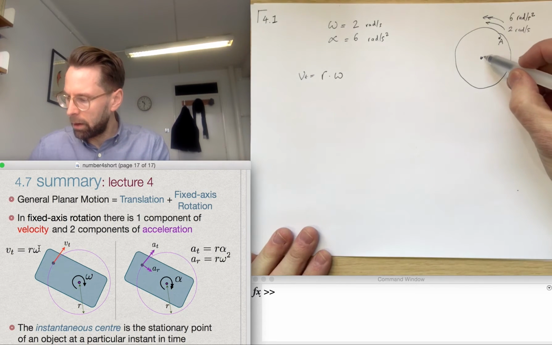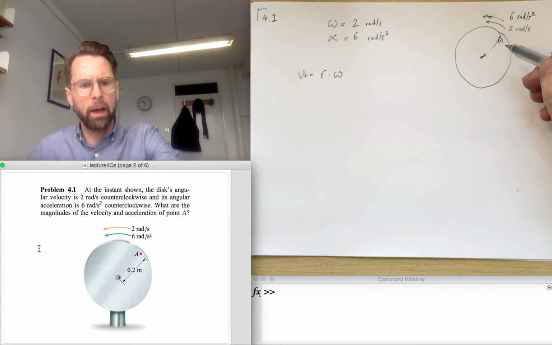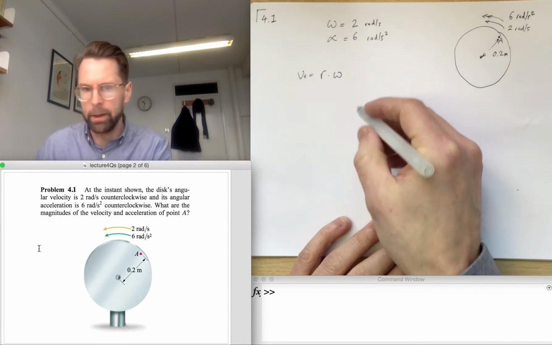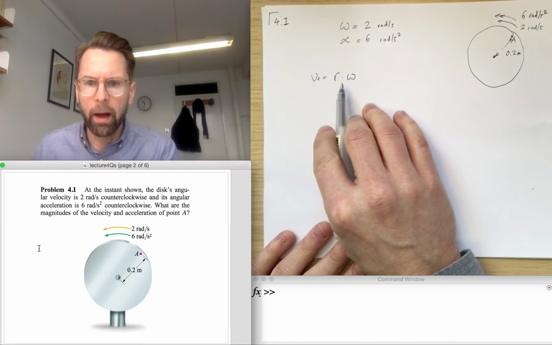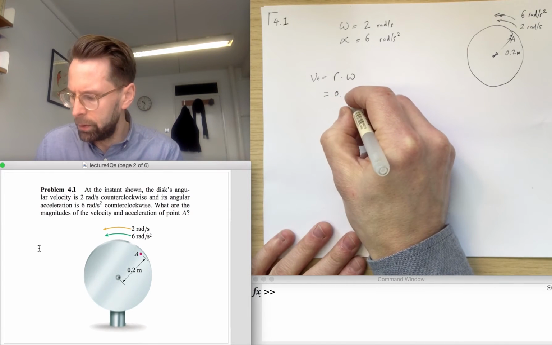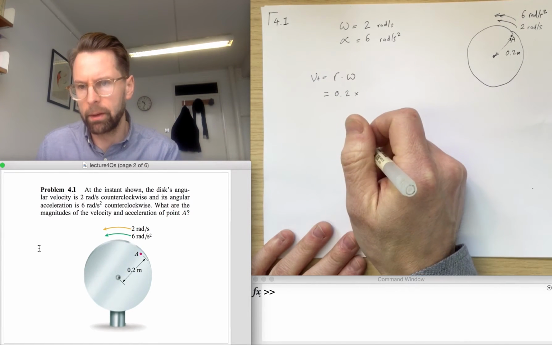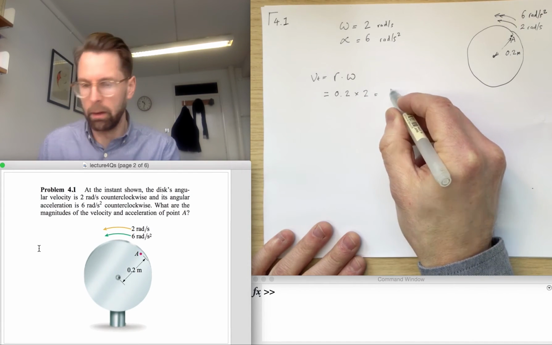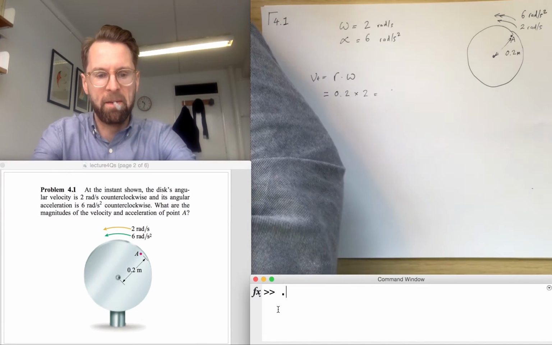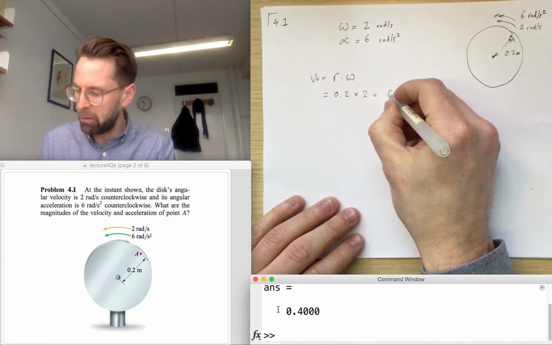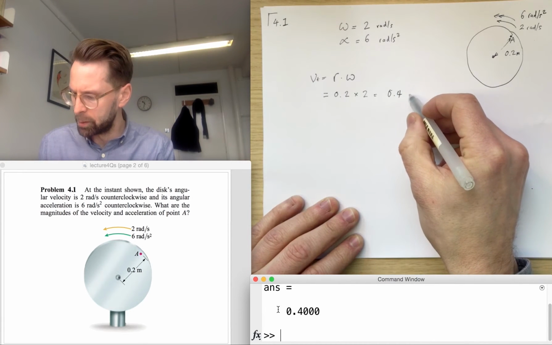And this r here is given in the question as 0.2 meters. So that means this is equal to 0.2 times 2, which is equal to, just make sure I don't make a stupid mistake, 0.4 meters per second.